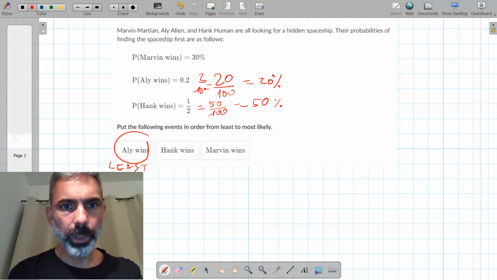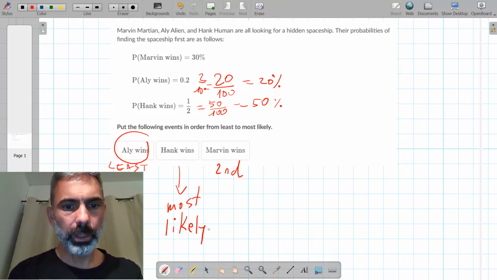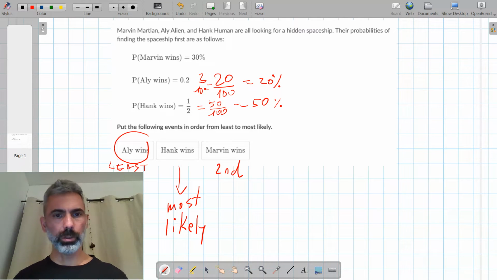So it's in the right place. Marvin is second. And Hank wins is most likely, because he has a 50% chance of winning.